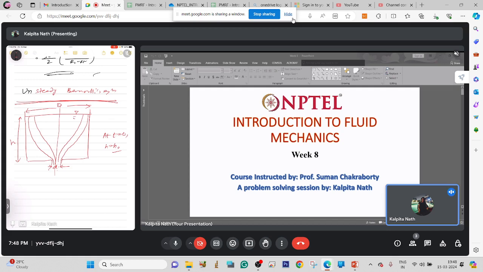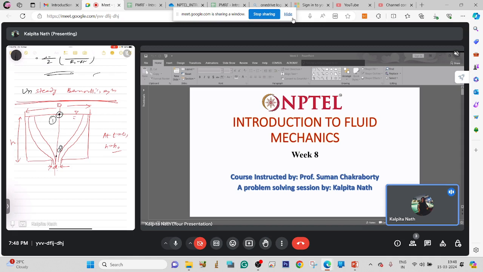Now, let us consider that the flow is inviscid and the density is constant. Let us consider this is point 1, and here, this will be point 2.